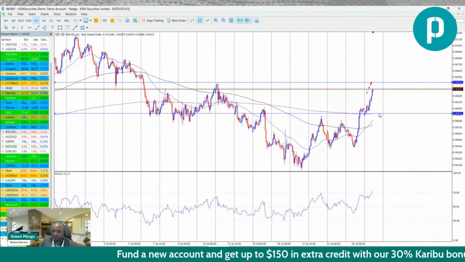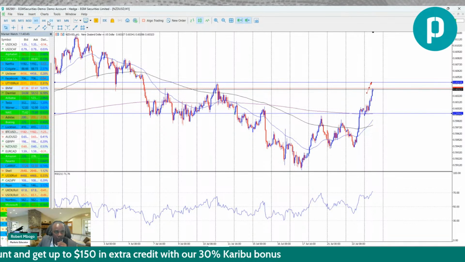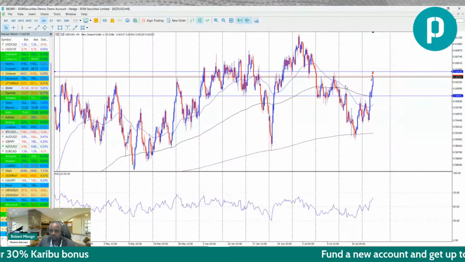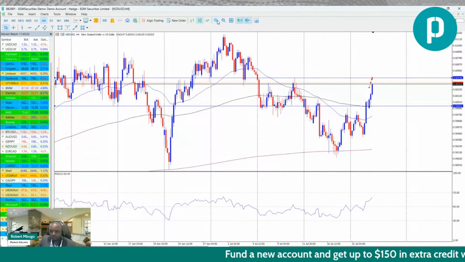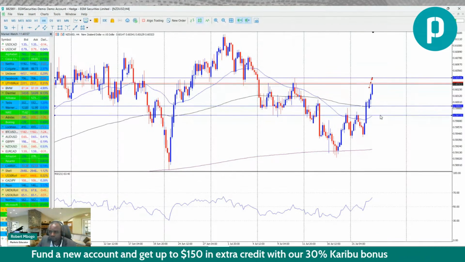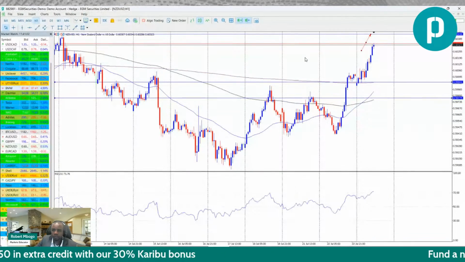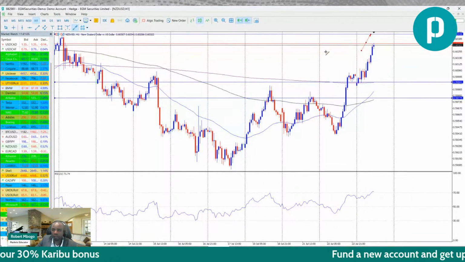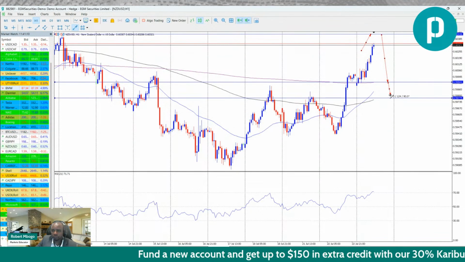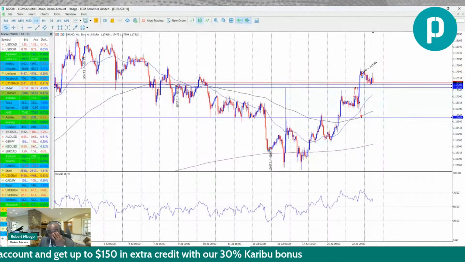So maybe we can go with the moving average acting as take profit area. Yeah, maybe those are the two areas I would want to see NZDUSD come to. That's it.